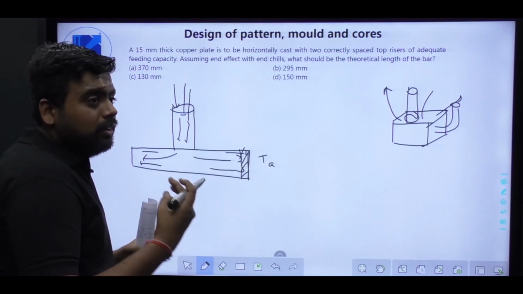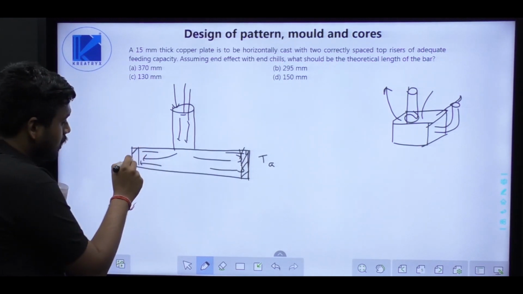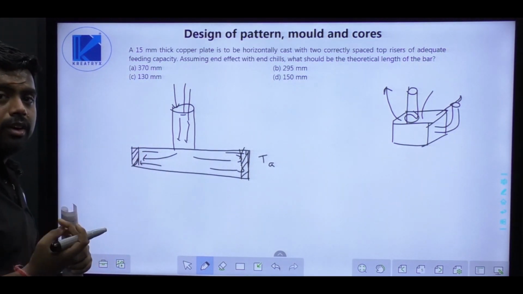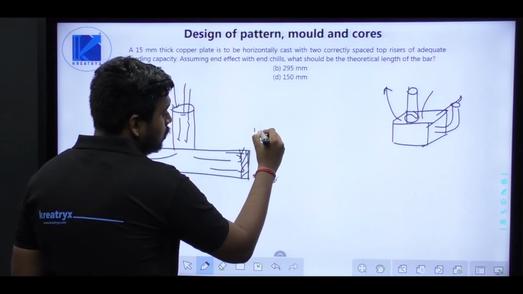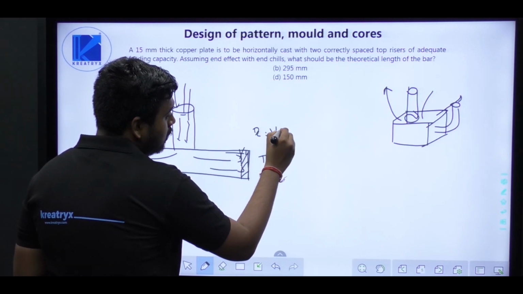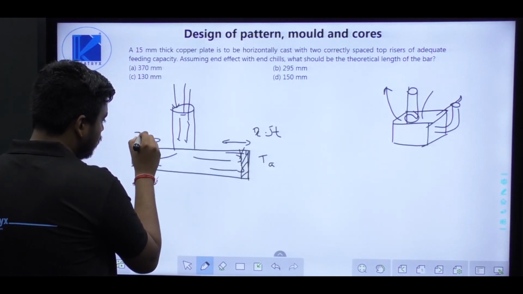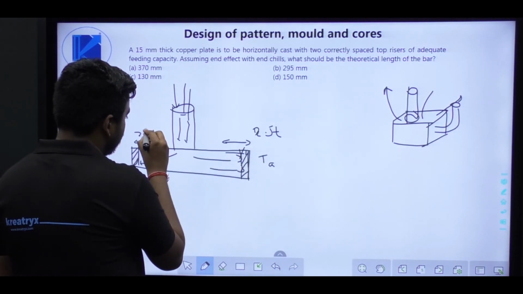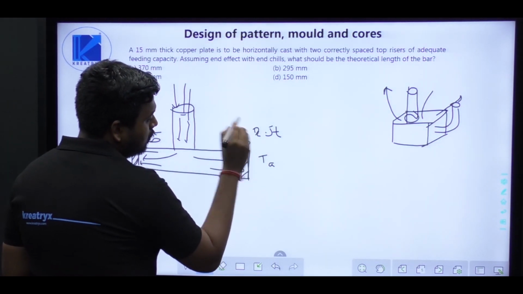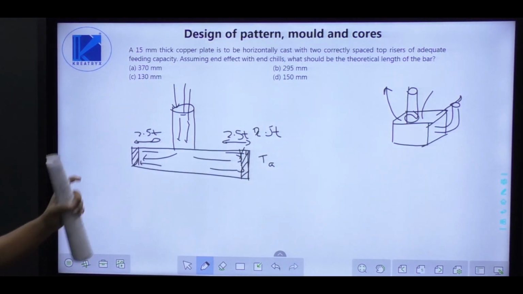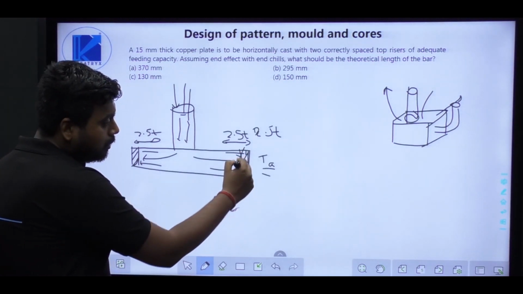Due to this there is an end wall thermal gradient at both the extreme edges, and theoretically the effect of that end wall gradient is 2.5T, sorry, 2.5T. So there is a 2.5T distance where this end wall gradient phenomenon is occurring. Why? Because of the temperature difference between the ambient and the molten metal.